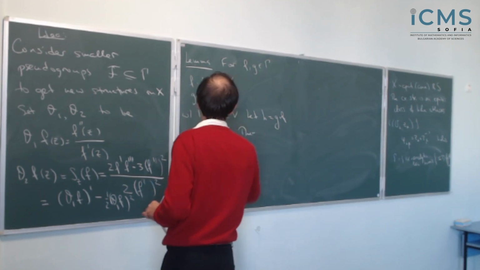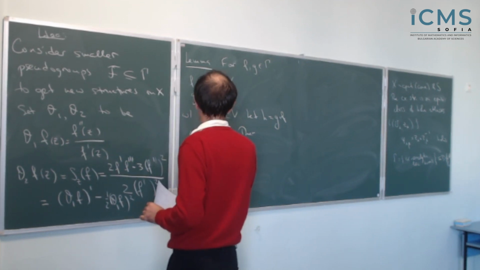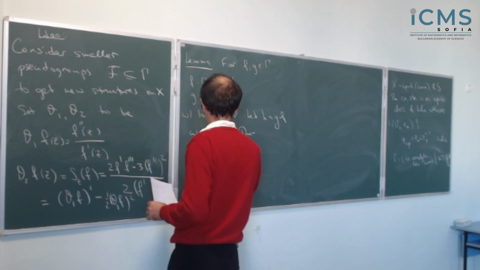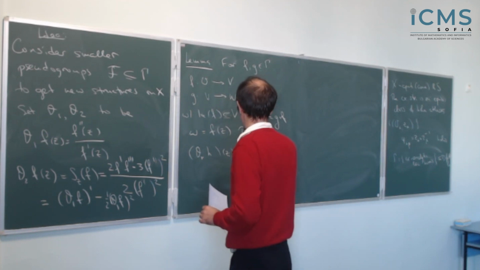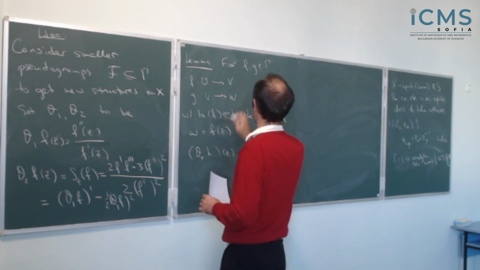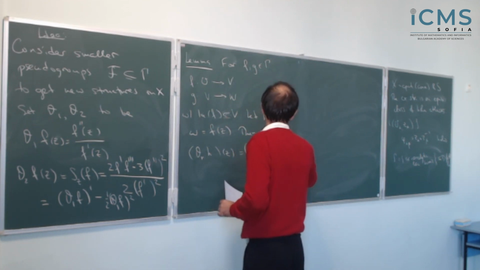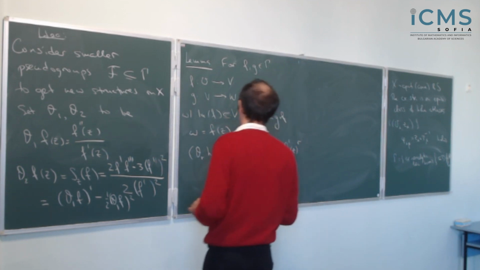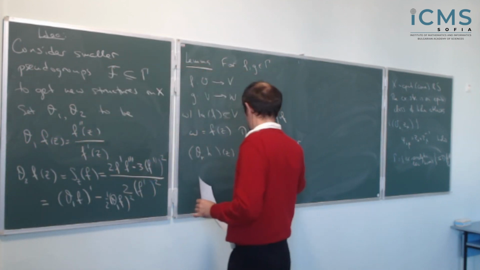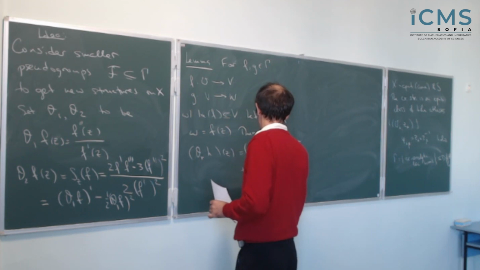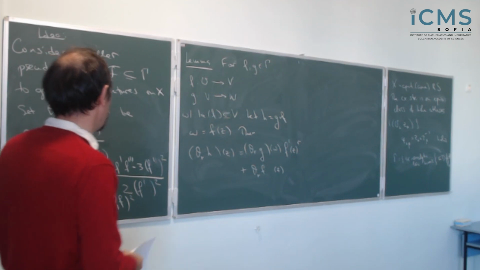Then theta r, where r is 1 or 2, of the composition of z is going to be theta r of g of w times f prime of z to the power of r, so it will be either 1 for this operator or 2 for the other one, plus just theta r of f of z. So r is 1 and 2.